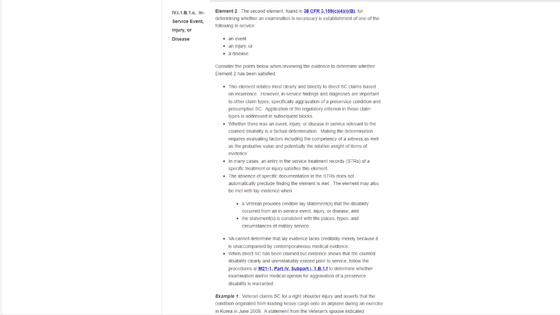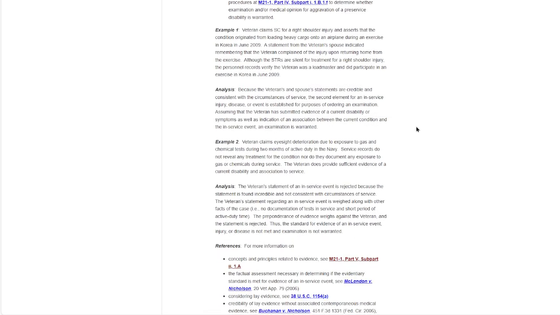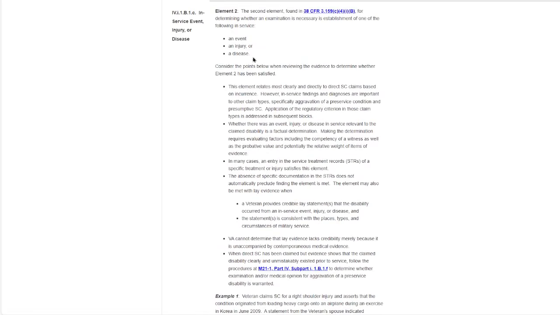Now, typically, element 2 is satisfied by medical records that the military produces, and or sometimes it can be in terms of secondary conditions, the fact that the thing you're saying is the primary condition is service connected. But there are also some outliers here for MOS duties. So things that are not explicitly found in your records that you can utilize in order to satisfy element 2 in order for us to grant.